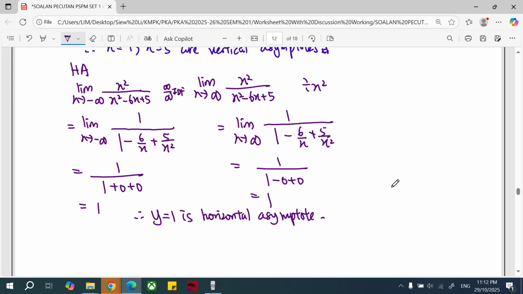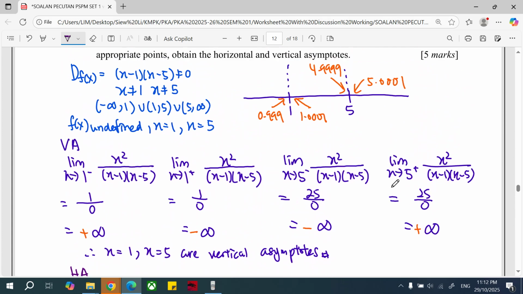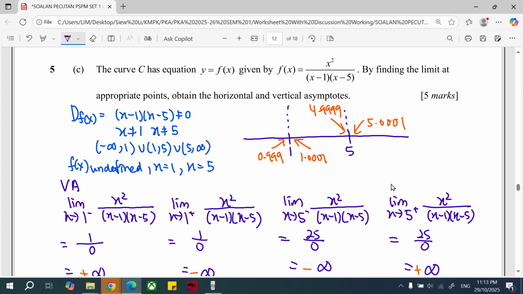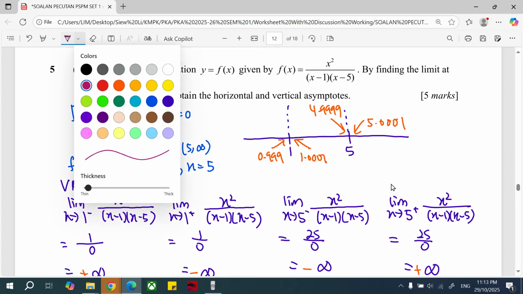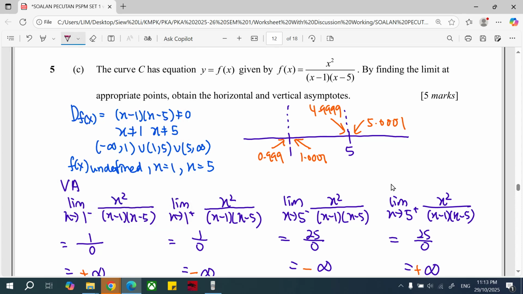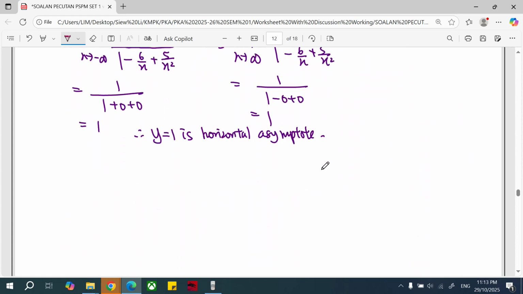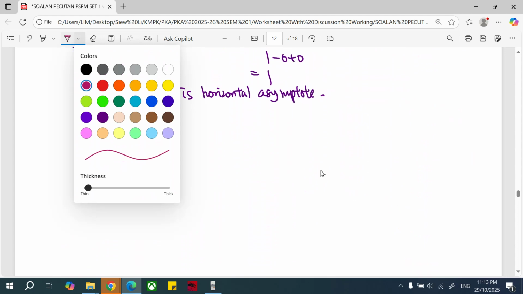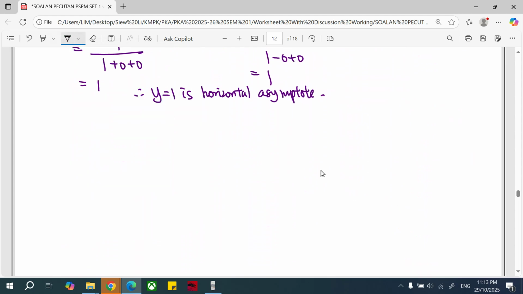Alright, so after calculating these two, now I want to proceed to the add-on question, finding the graph, drawing the graph. All the asymptotes that we found here, we can draw out the graph already.